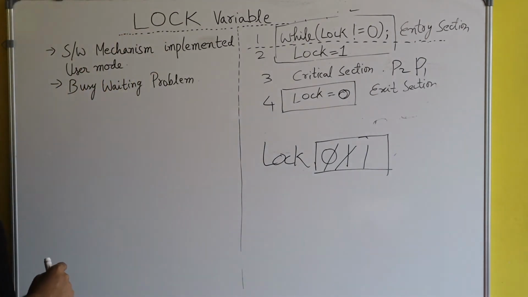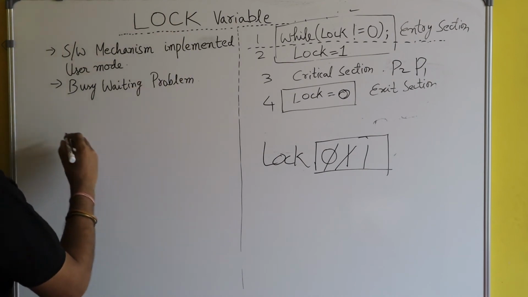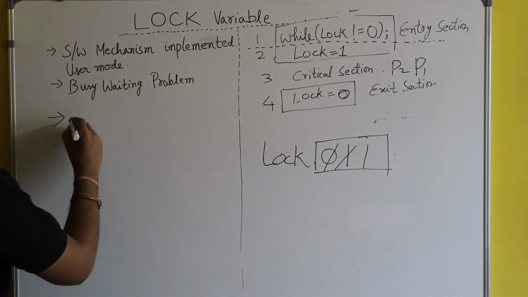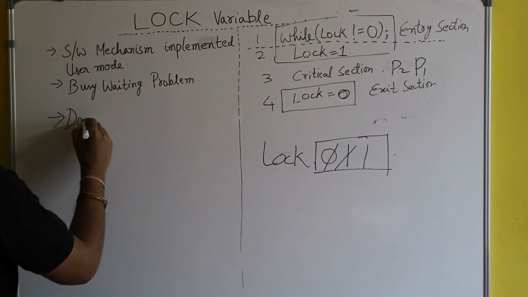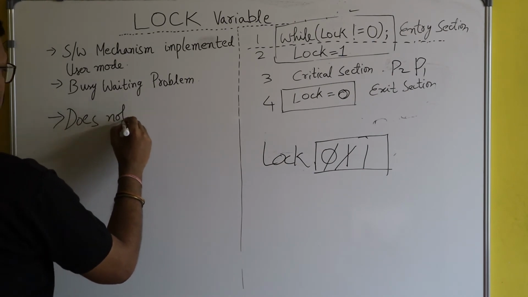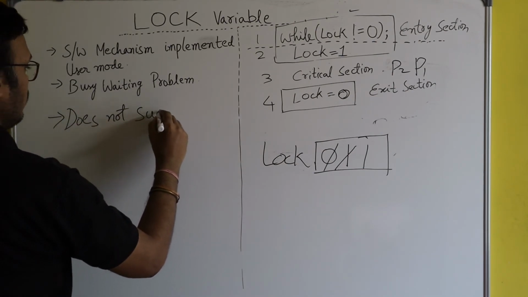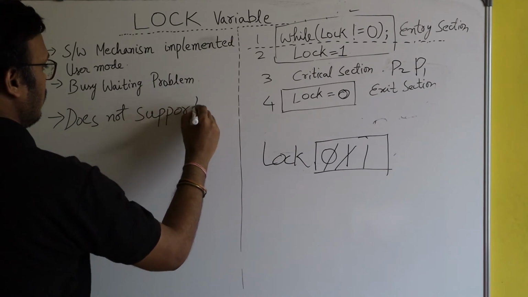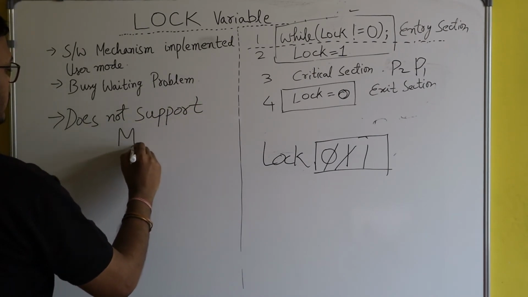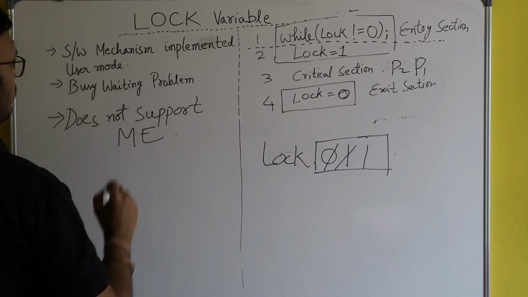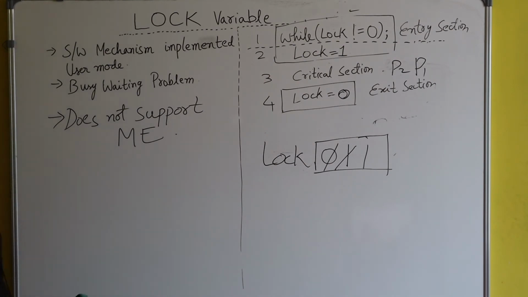Okay. So it means what? Lock variable does not support mutual exclusion. ME means mutual exclusion.